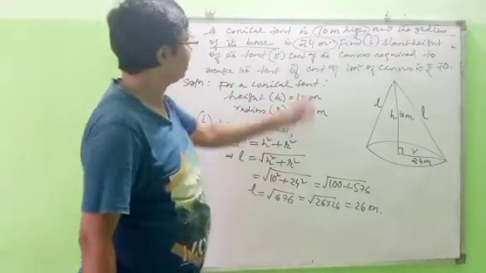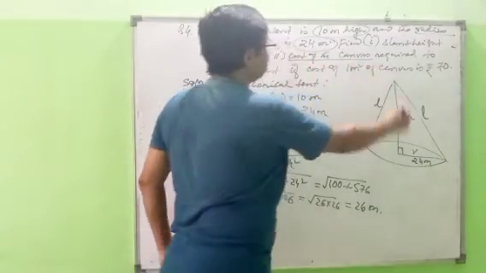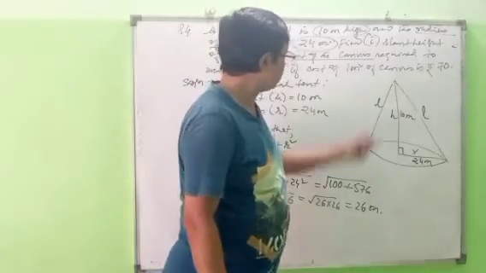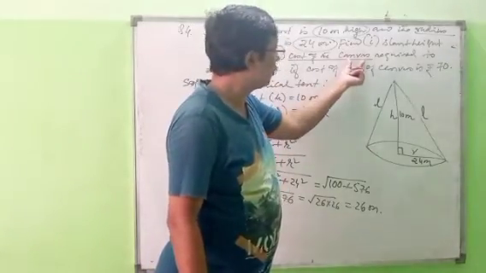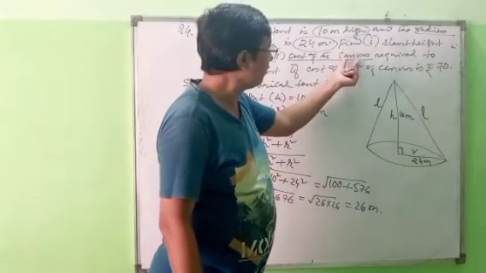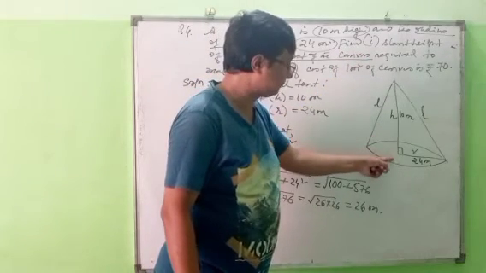Second part, find the cost of the canvas. So to get the cost of the canvas, you have to find out where the canvas is going to be used. The canvas cloth by which they are making this conical tent is not used on the base. The base is circular.